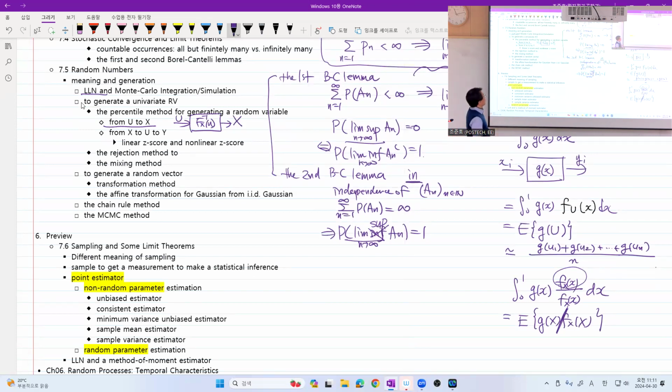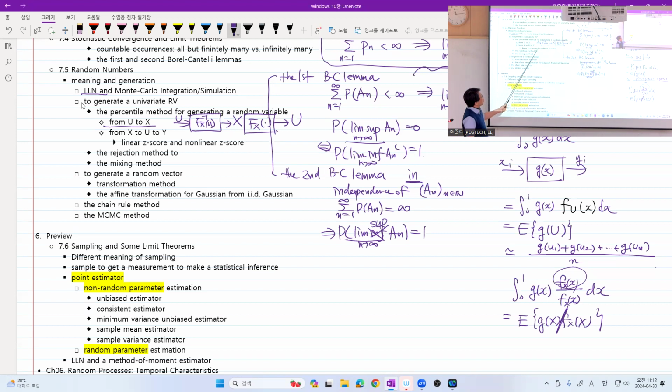And this gives us an idea: we can generate any distribution from any other distribution as far as this is continuous. So from X to Y, what can you do? Since you have the percentile function that is the inverse of the CDF, you have something like this, as far as X is a continuous random variable.